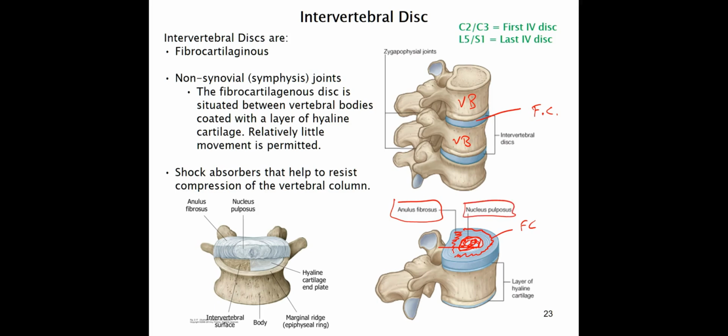This disc is designed to withstand quite a bit of axial loading and a little bit of shearing, back and forth movement like this. Depending on where you're at in the spine, say in the lumbar spine, you have an enormous amount of axial loading plus an enormous amount of pressure on particular regions, depending on the activity.